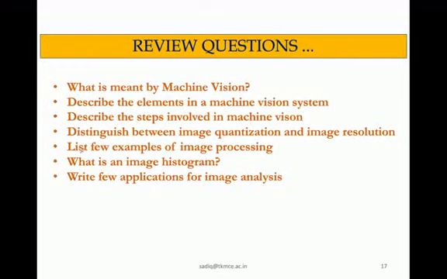Are you able to list a few examples of image processing? Are you able to tell what an image histogram is? Can you suggest a few applications of image analysis? If yes, it's good. Otherwise, please go back and see the content and try to answer these questions.